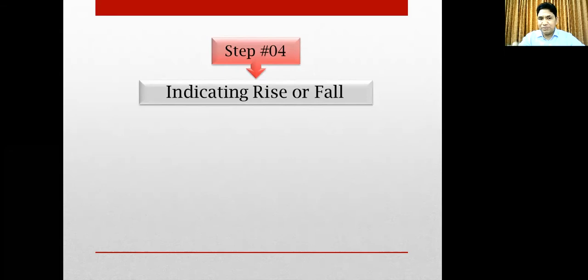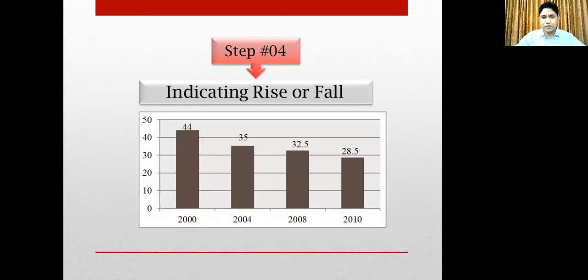So visualizing the question paper, you have to understand whether the number or percentage given in the graph is rising or falling. Have a look. Suppose this is your question paper, this is your question, and this is the bar chart set in the question paper. So try to understand, is it rising or falling?